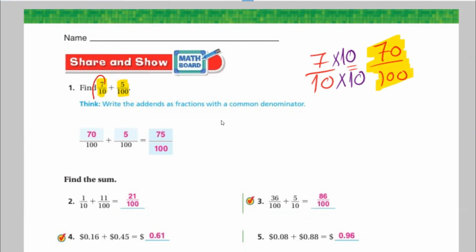So we're gonna replace 7 over 10 with 70 over 100, and we're gonna keep the same 5 over 100. And as you see here, we have the same denominator, so you keep it the same and then add the numerators. 70 plus 5 equals 75, okay? Yeah, I understand it. Great.